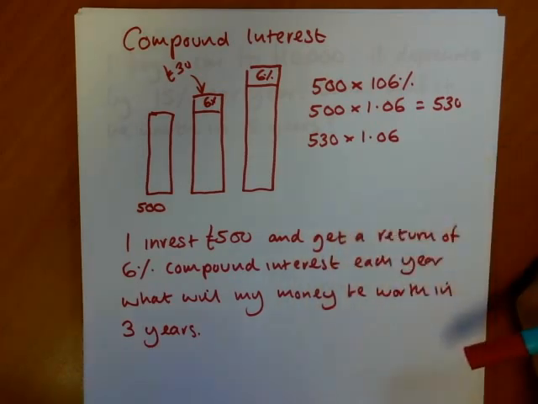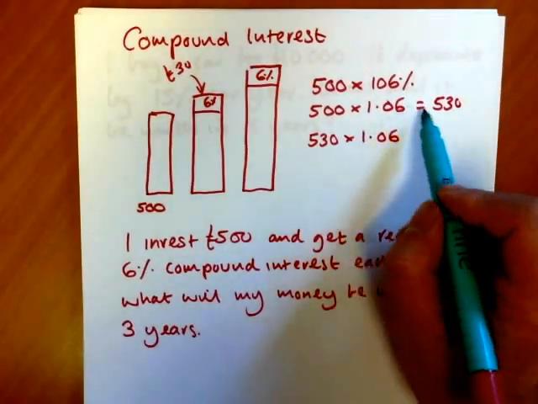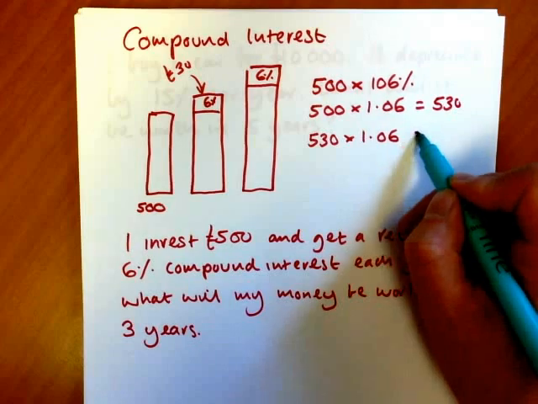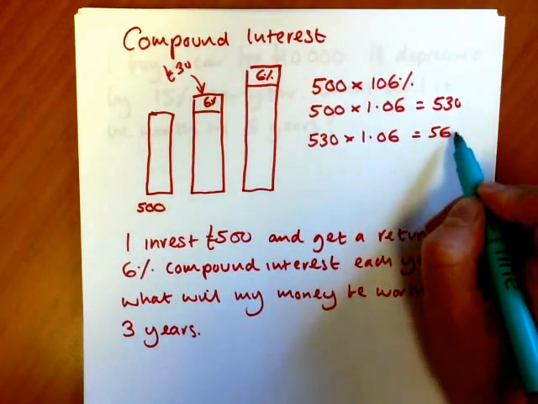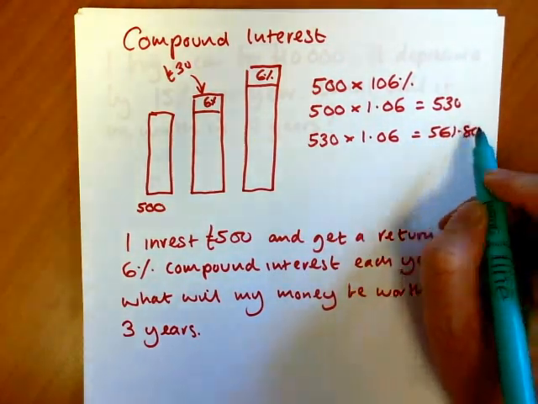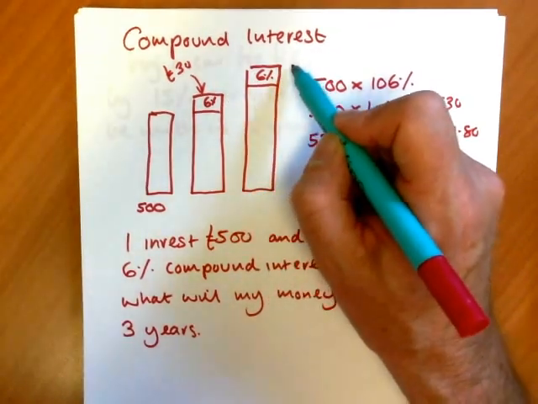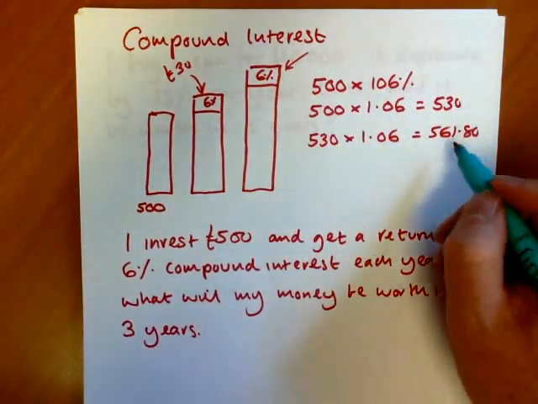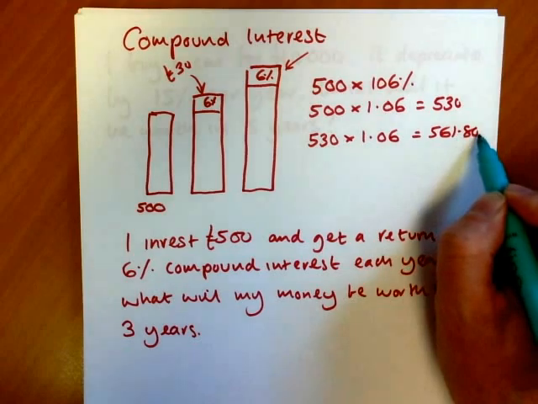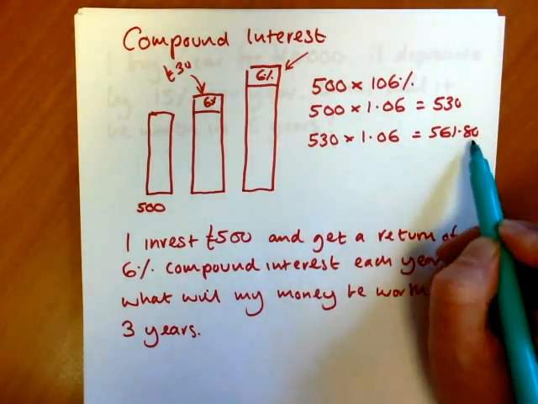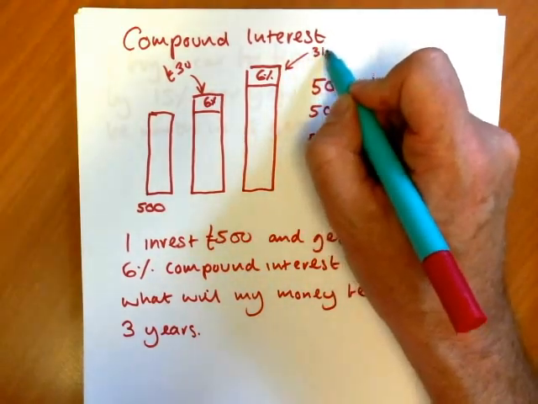So now I have taken the 530 and times it by 1.06, and it's equal to £561.80. So this amount here in the second year, the 6%, is £561.80 subtract the 530, so I've actually made £31.80.